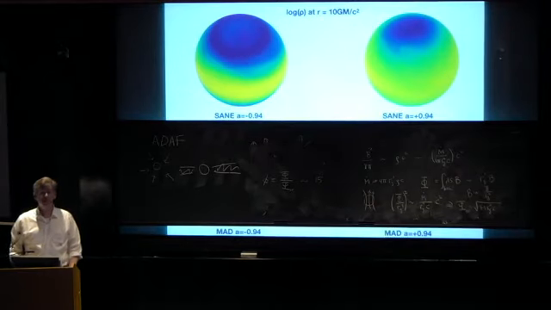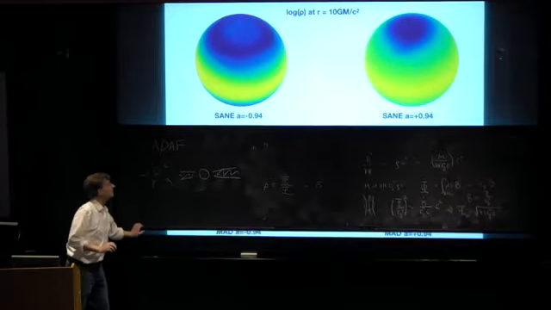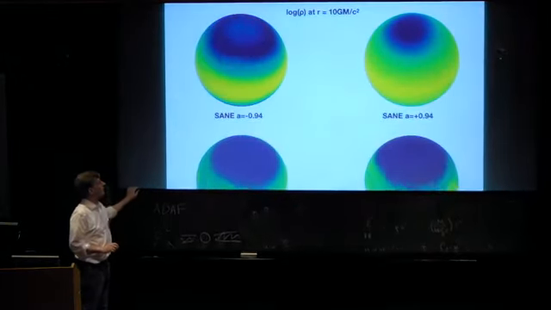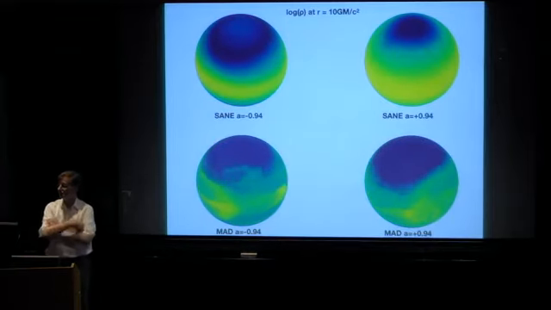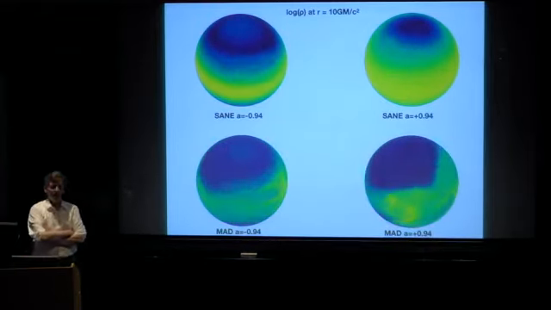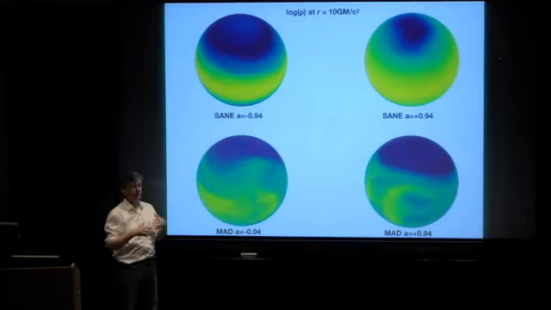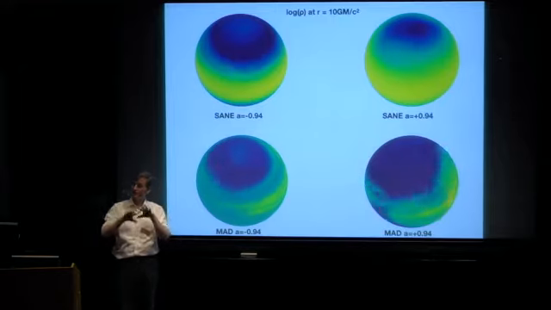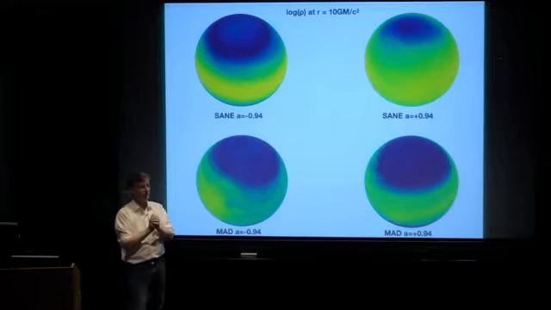So let me show you some more numerical simulations then. And then we'll talk about Blandford-Znajek and some open questions. Okay, so I'll put this down. So this shows another view of some of the simulations that I just showed you. Color again here is showing the log of the rest mass density, but this time on a spherical surface at 10 GM over c squared.